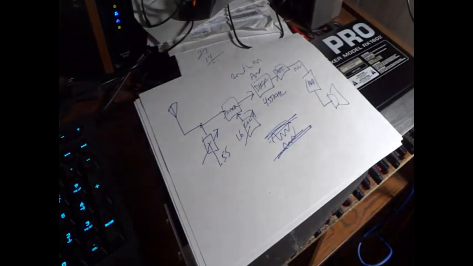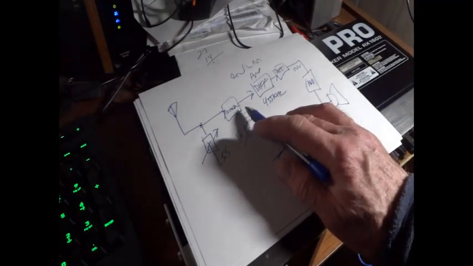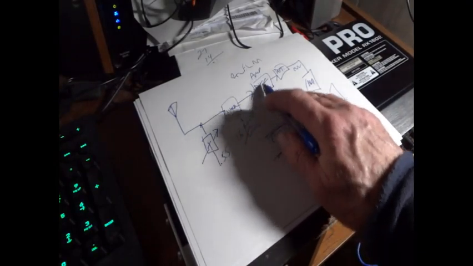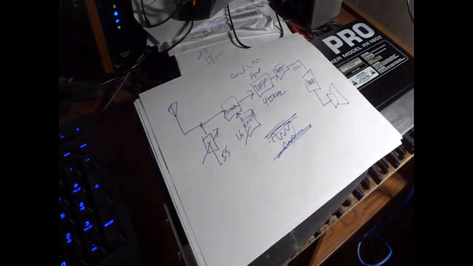So it gives you more selectivity as far as what you're trying to receive. That's important, because you don't want to turn your radio on and be getting two or three stations at one time. So they run it through the mixer, and then the IF amp is really what has that very narrow bandwidth of what's allowed to pass through.